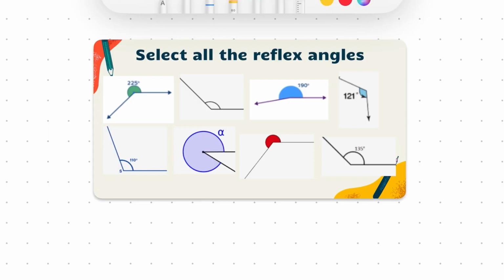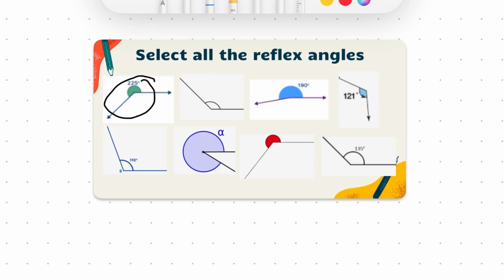Notice how some of these diagrams are labeled, whereas others are not. So let's see. With the first diagram on the top left, we have that it's labeled as 225. Is 225 greater than 180? It sure is. Is it less than 360? Yeah. So therefore, this is a reflex angle.